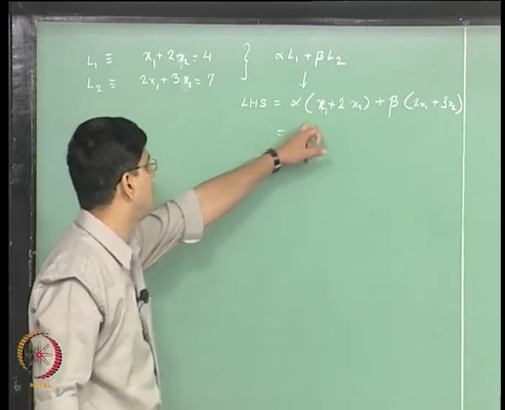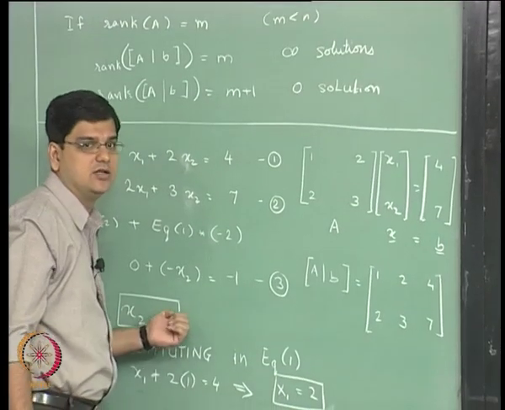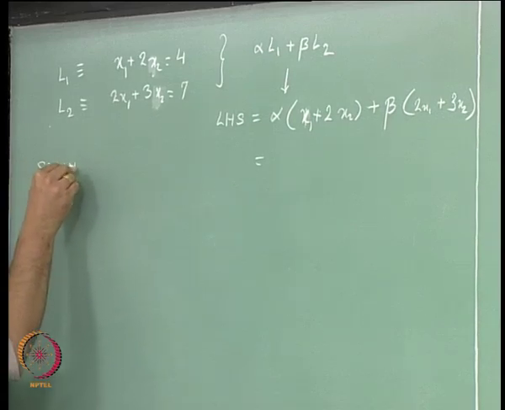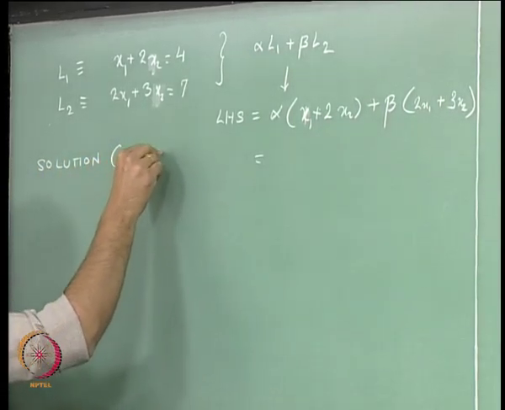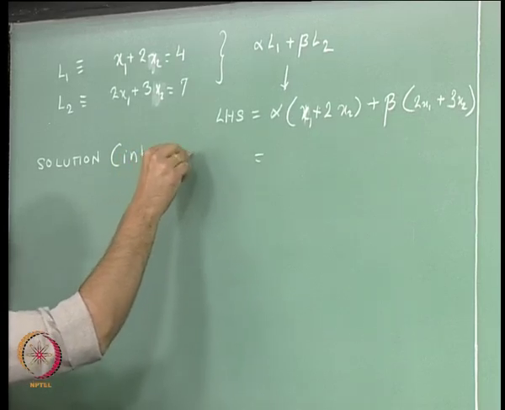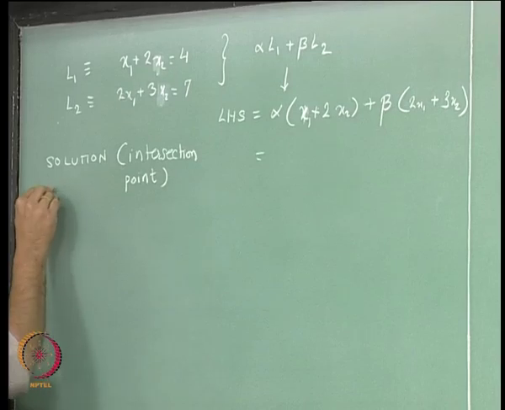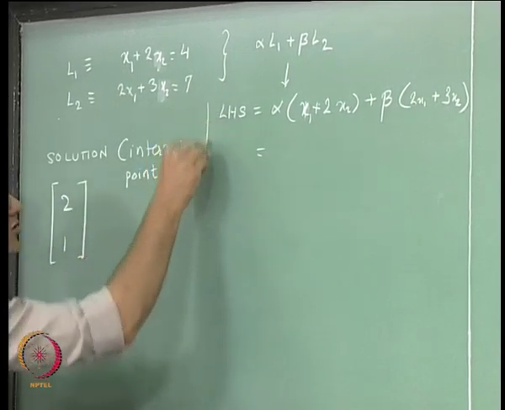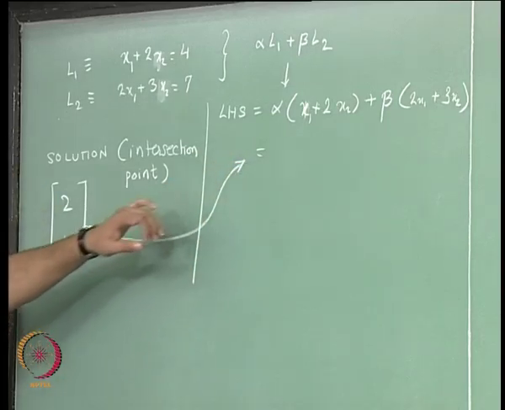Now the solution of these two equations was the point 2 comma 1, right. So let us substitute this particular value in this equation.